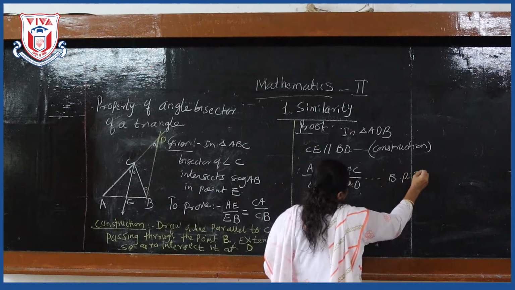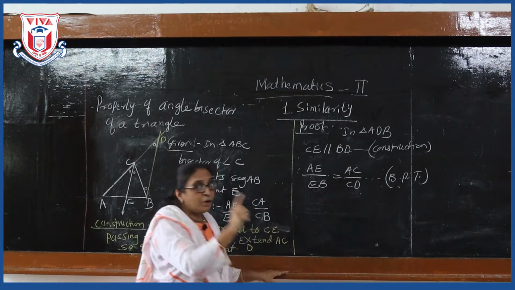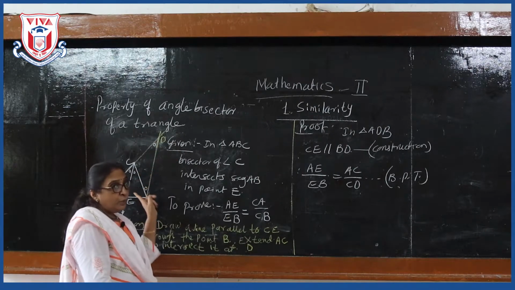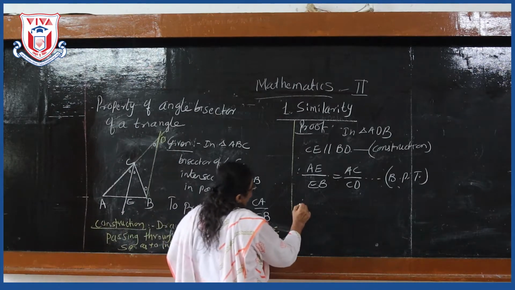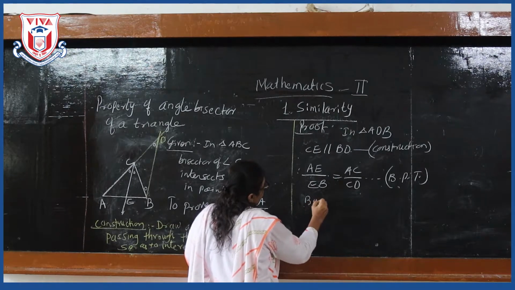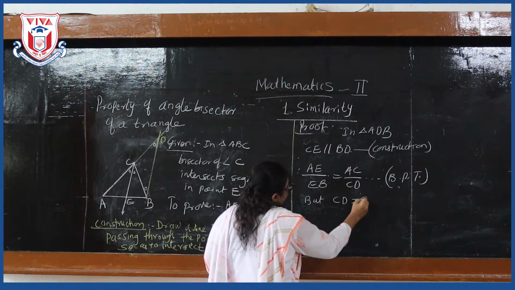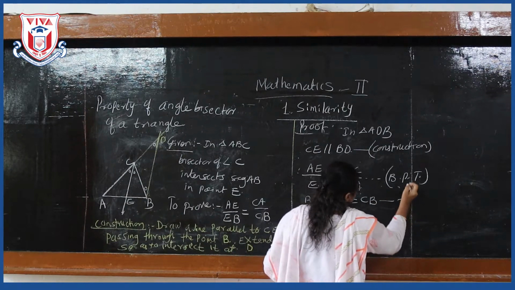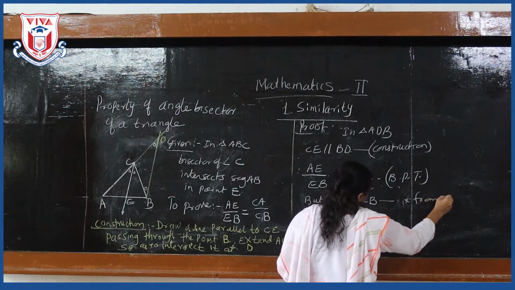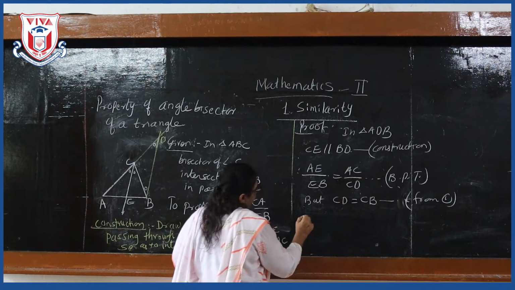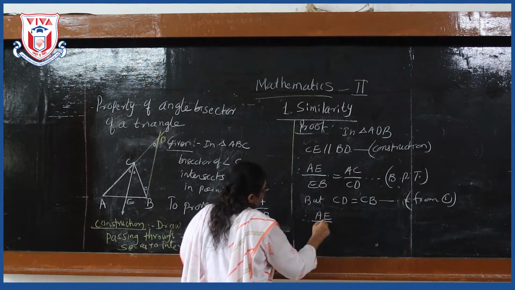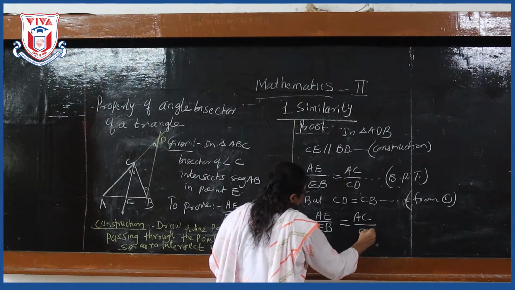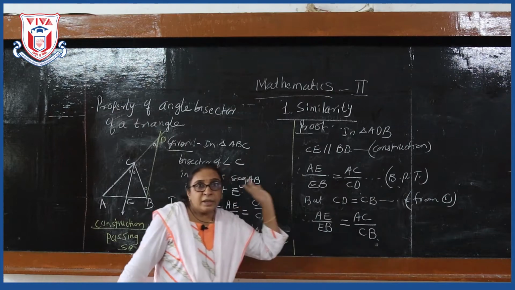Now our first statement is what? CD is equal to CB. And therefore, AE upon EB is equal to AC upon CB.